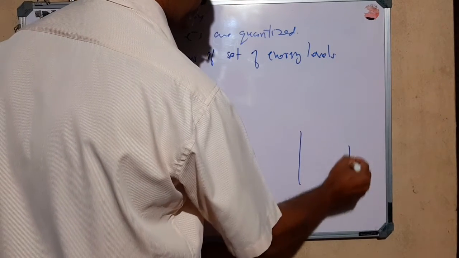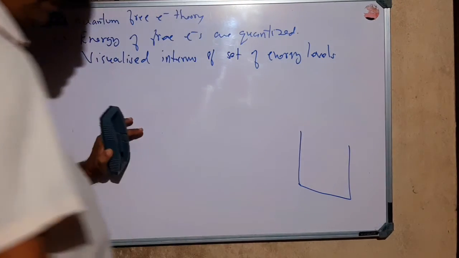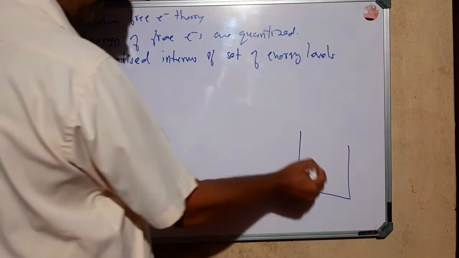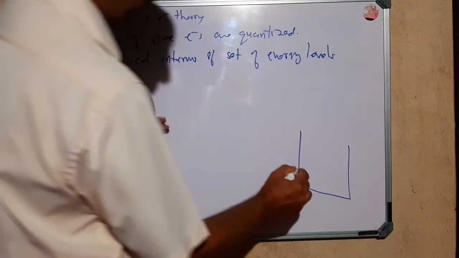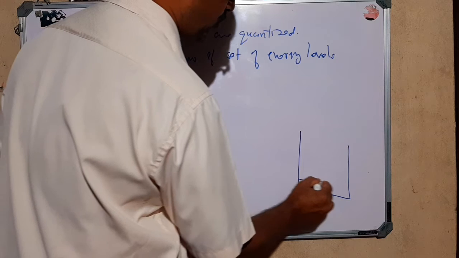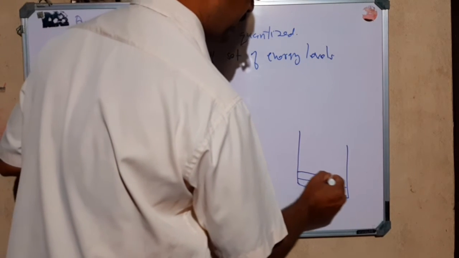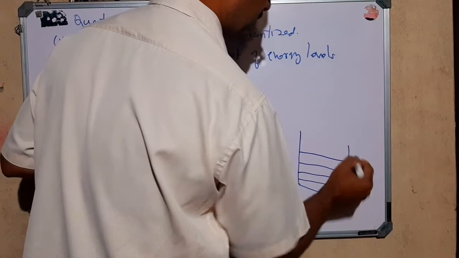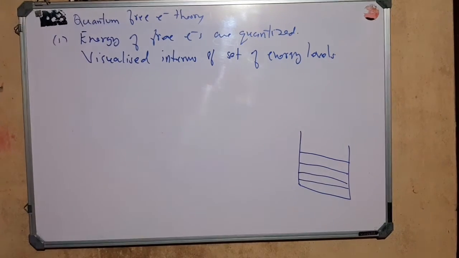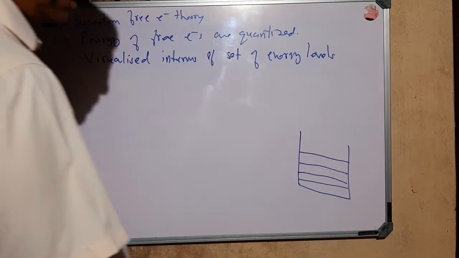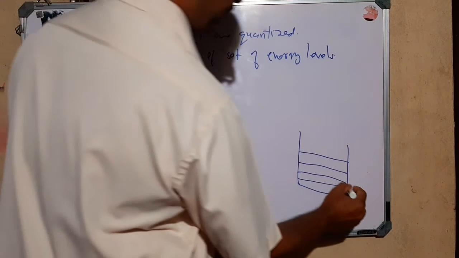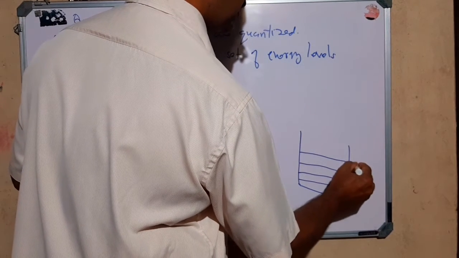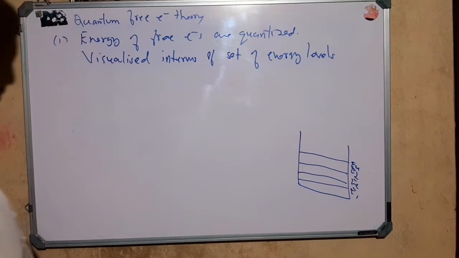See, this is the potential well. In this potential well, free electrons are present, so their energy values are quantized. That means different electrons have different energies, increasing in steps. See, electrons having energy E1, E2, E3, E4 and so on.